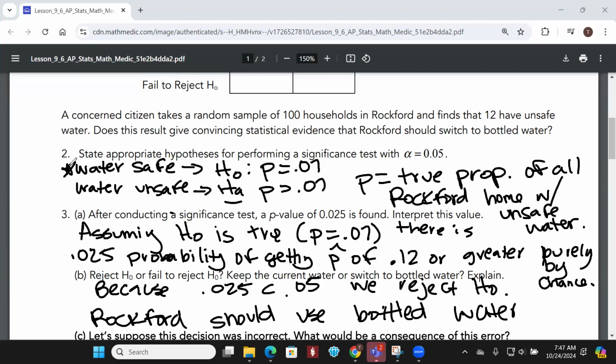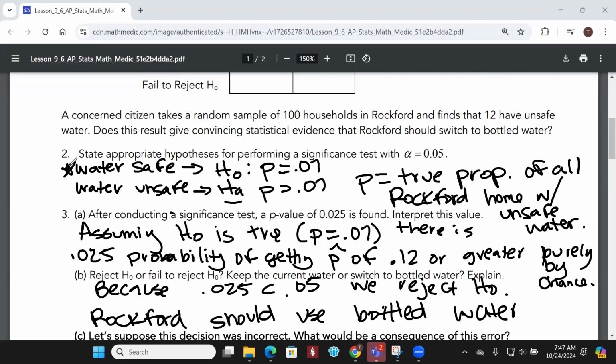So you want to take the chance of it being greater than 0.07, and we just said that there is a 2.5% probability that you could get 0.12 or greater. Now remember, if it's more than 0.07, it's unsafe. This is unlikely to happen if the water is actually safe.